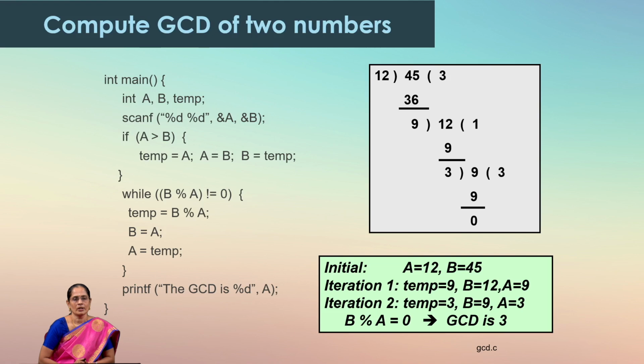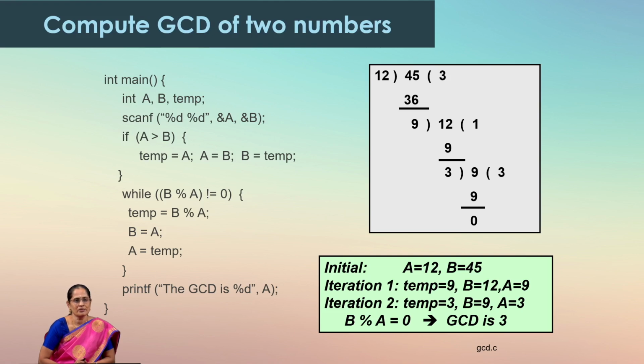We will take one example to compute the GCD of two numbers. Here we are using the program without having a function. Without a function, it requires n number of iterations using the while loop.